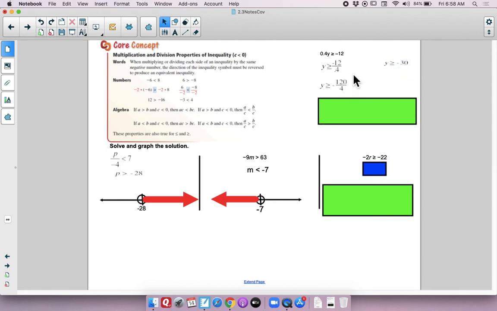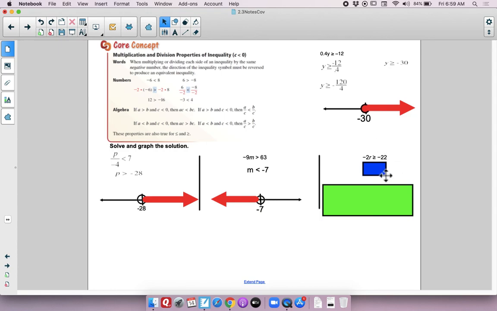Did we multiply or divide by a negative? No. We don't care what we are dividing into. We care what we are dividing by. And what we're dividing by here is a positive. So we get y is greater than or equal to negative 30, which should be a filled in dot, arrow to the right, key point, negative 30.